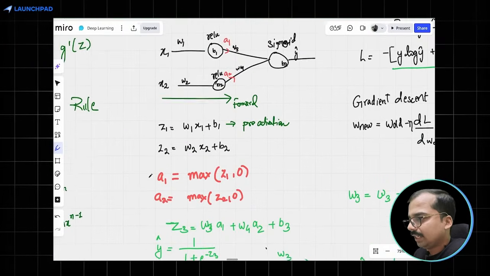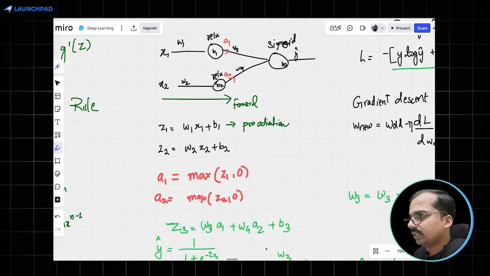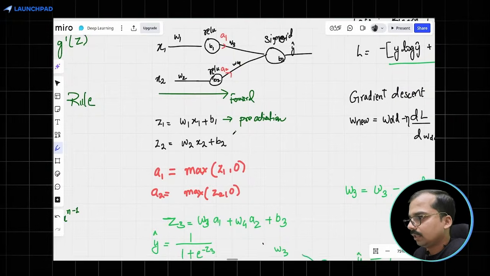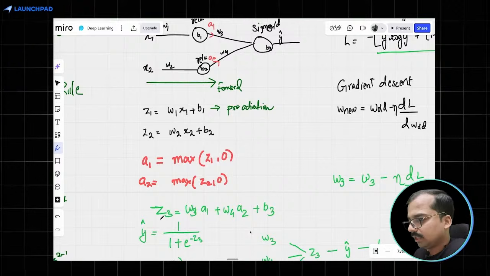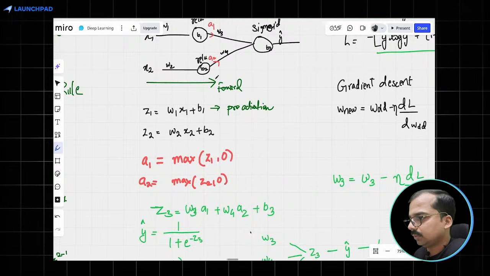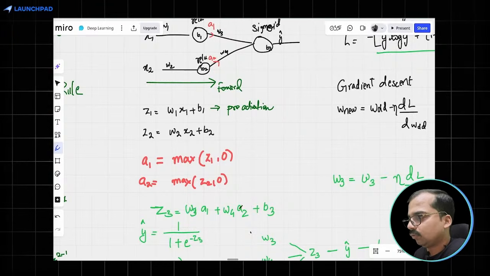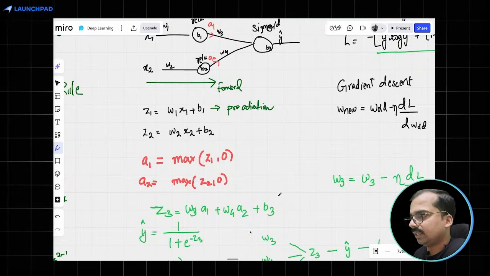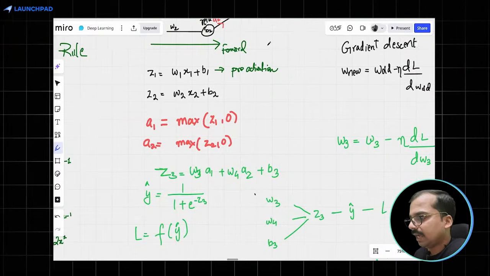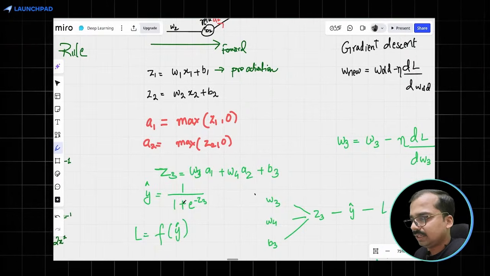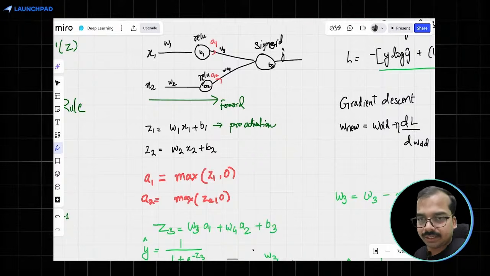Now this A1 and A2 will be passed to this final neuron. So here I have written Z3 equals W3 times A1 plus W4 times A2 plus the bias B3. And now this Z3 will be passed to my sigmoid activation function.